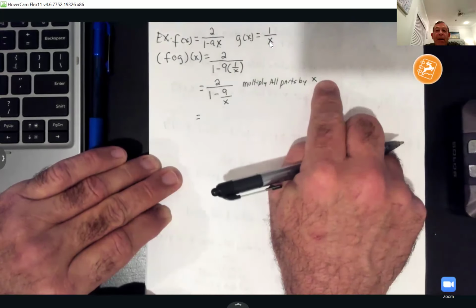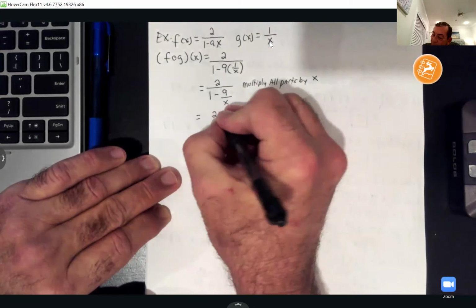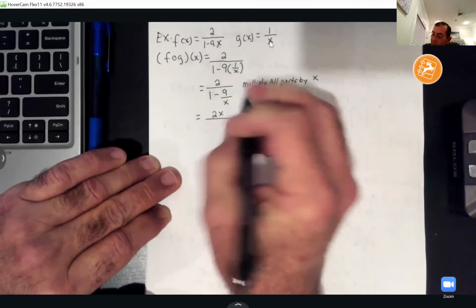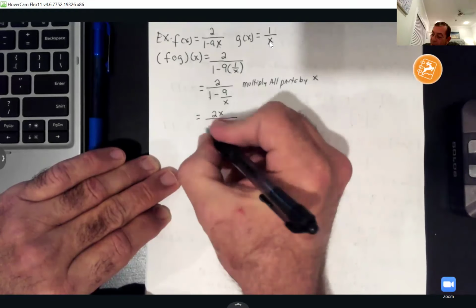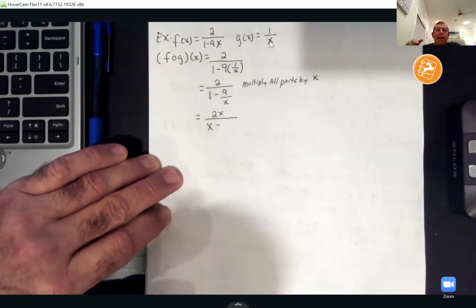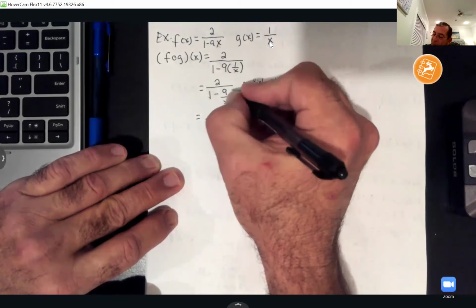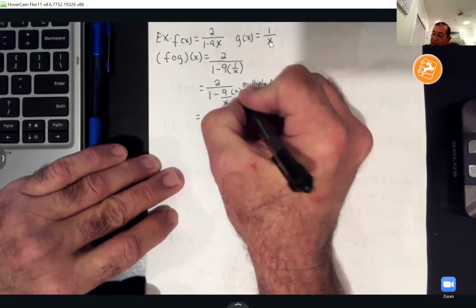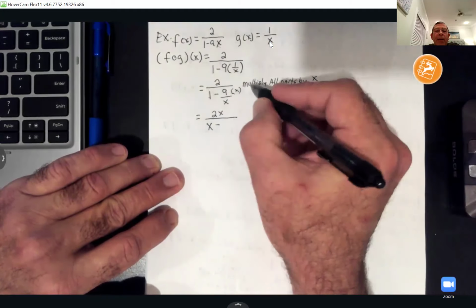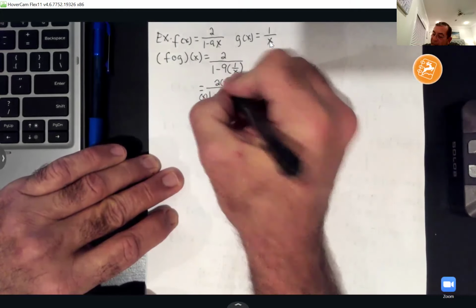So y'all, multiplying everybody by x. 2 times x is going to give me a 2x on the top. 1 times x is going to give me a x minus. Now watch this. When you multiply this 9 over x by an x, what's going to happen to the x's? Because see, I'm multiplying everybody by that x.